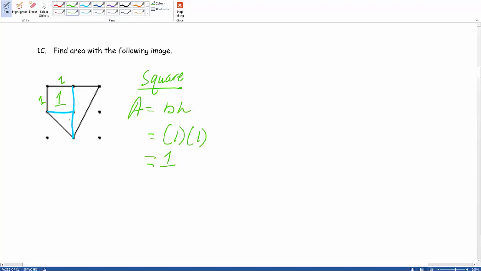Let's go ahead then and look at this small triangle right underneath. Well, we do see a base of 1 and also a height of 1. So then the area equation for the red triangle comes out to be area is equal to 1/2 that base times the height.